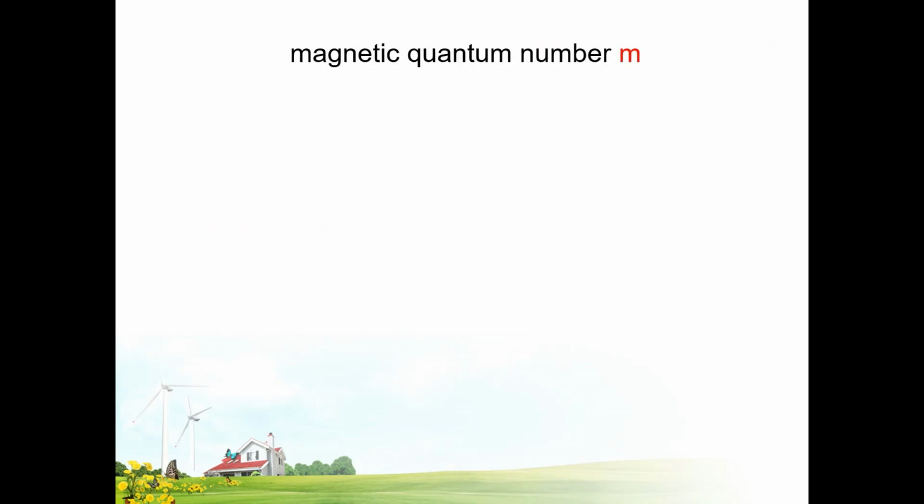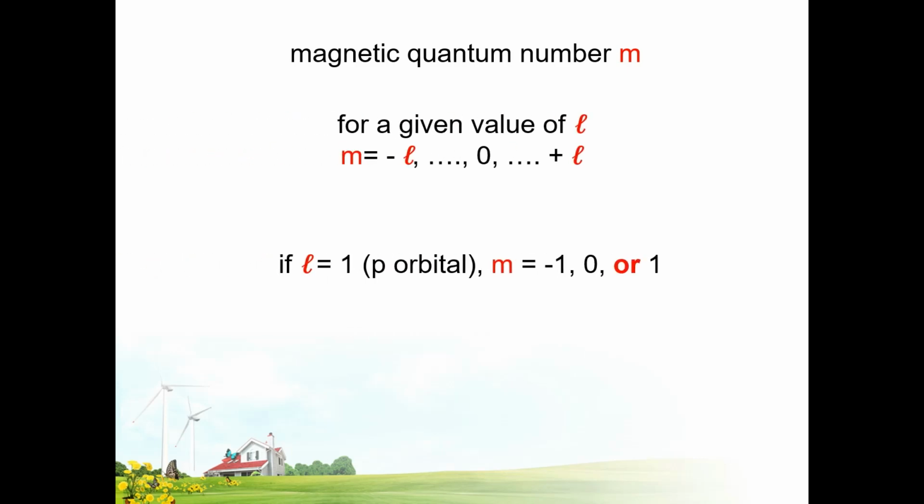Just now, we looked at l equals 1. So m is negative l until positive l. So if l equals 1, m is negative 1, 0, or 1.